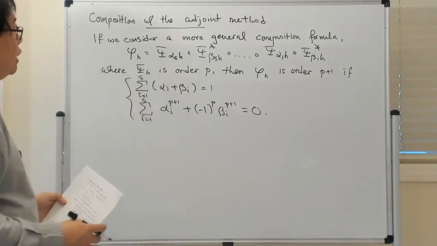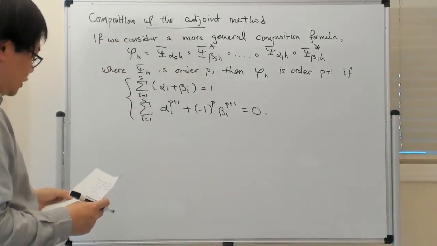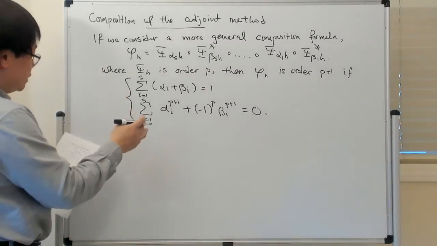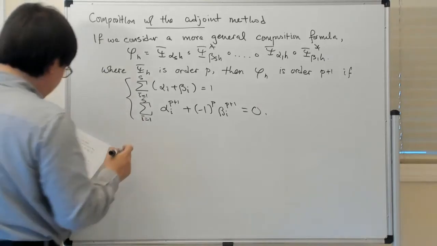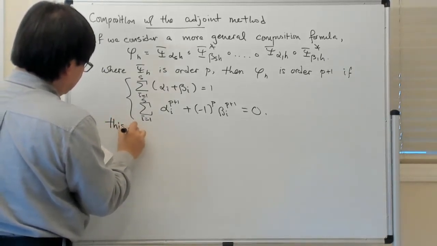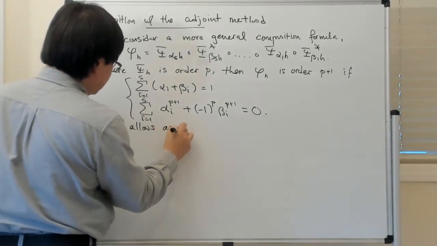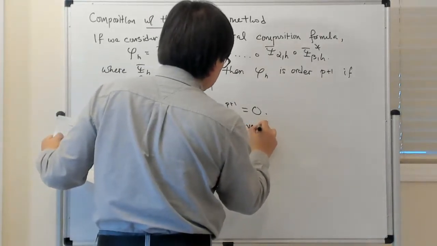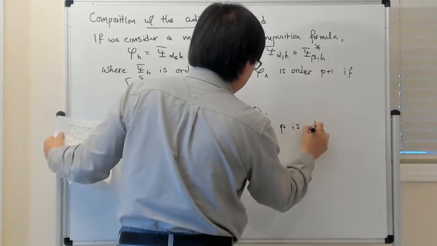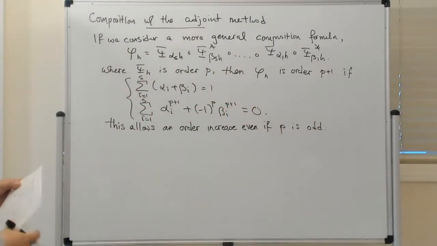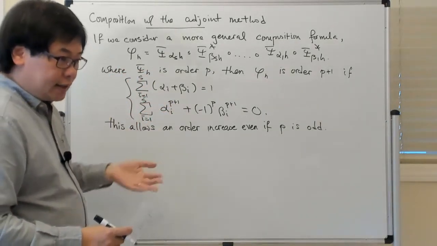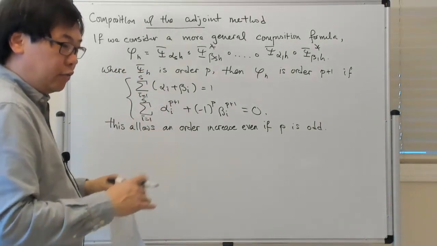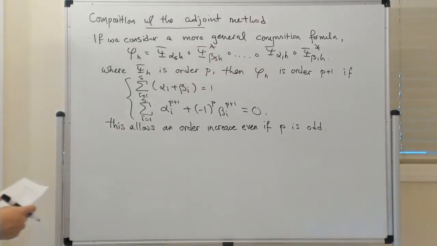So the advantage of considering this more general class of composition formulas is that you can get an order increase even if P is odd. And that was, if you recall, not possible if you were simply looking at the composition of just the underlying one-step method, where you would not be able to solve the constraints on the step sizes while still getting real valued solutions.